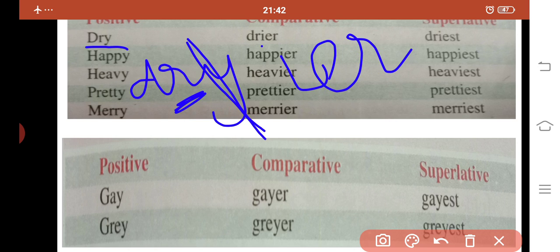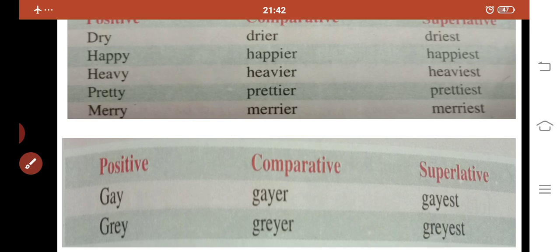At that time we get the comparative form drier. The same way we have to do it in the superlative degree, but we need to add est at the end of the word. Happiest. Okay, dry, drier, driest.